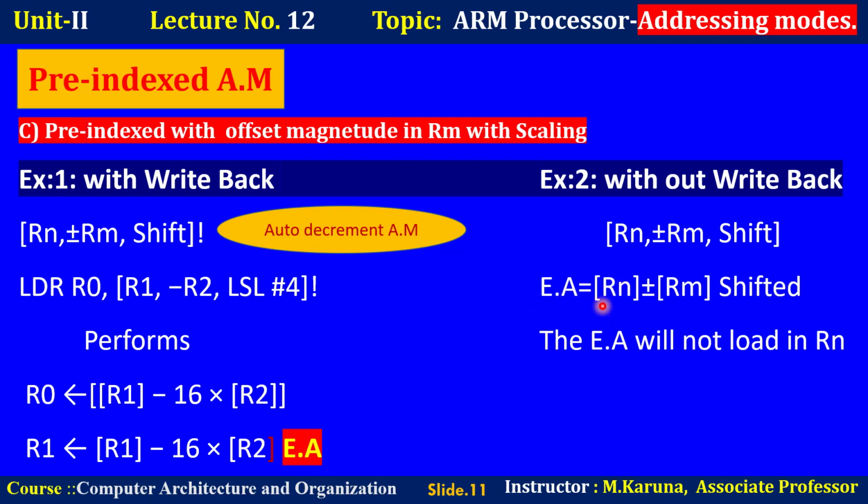Whatever data is present at that address will be transferred to R0. You need to remember that the effective address will not be loaded in Rn. In case of write back, the effective address will be loaded in Rn. In case of without write back, it will not be loaded in Rn.